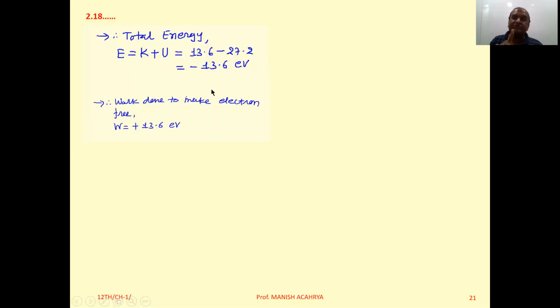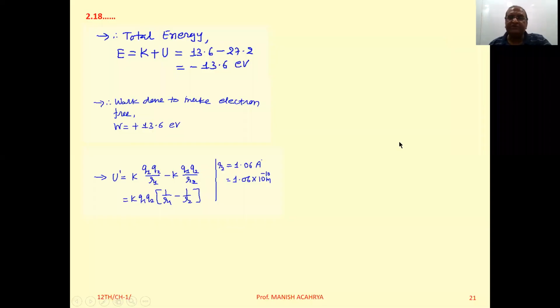When total energy is negative, it means the object is bound by this much energy. If you want to make it free, you have to make its total energy equal to 0. So if we supply the same amount of energy to it, then it will be free. And now we can say, to make electron free, we have to do work, that is plus 13.6 electron volt. Clear to all of you up to this?